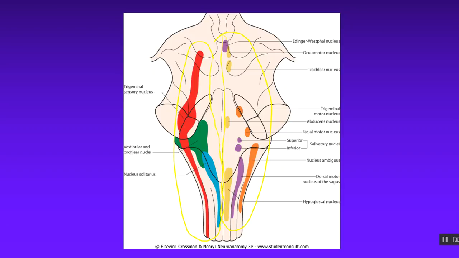We obviously have motor and sensory on both sides, but it's easier for you to appreciate where these things are located in general. And you'll notice in a moment, when we start getting into cross sections through the brainstem, that's where things get ugly, because you can see how many nuclei we cut through in this upper medulla area.